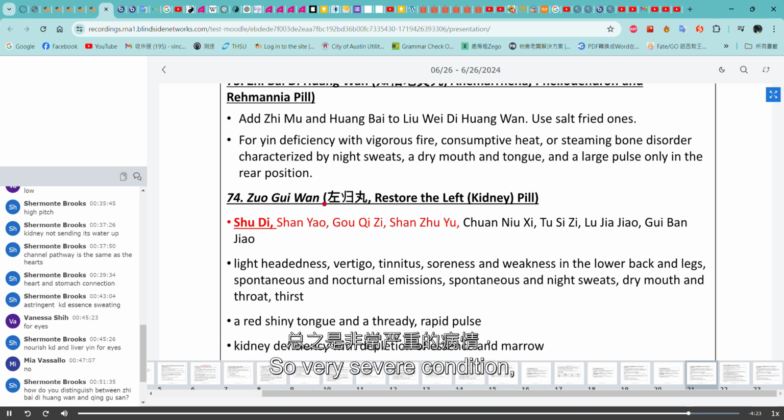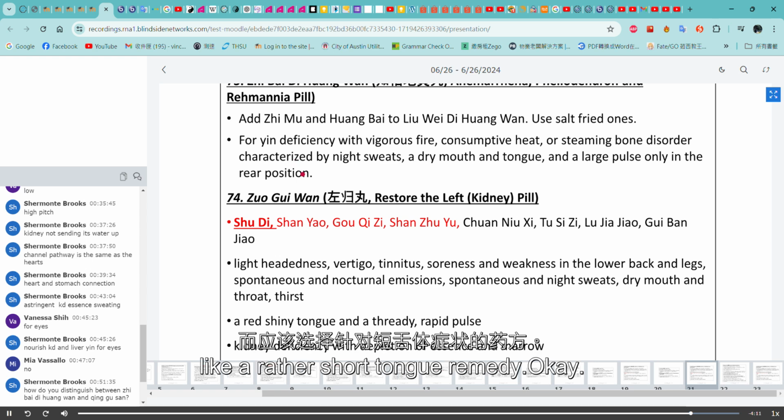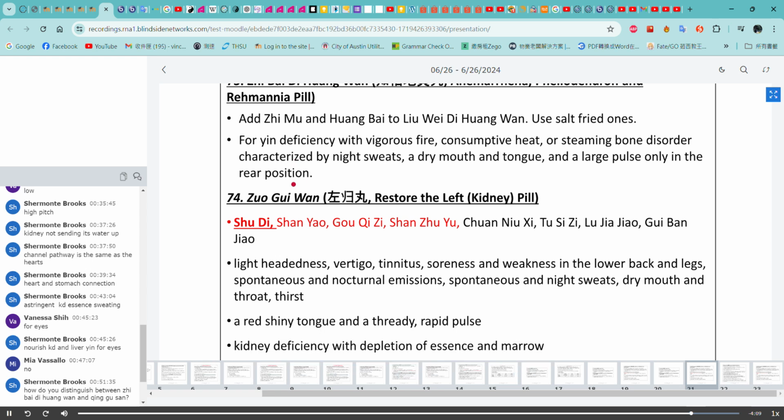So for a very severe condition with kidney insufficiency heat, you can choose Zuo Gui Wan. And it is not a good idea to use it long term, it is rather a short-term remedy. Okay.